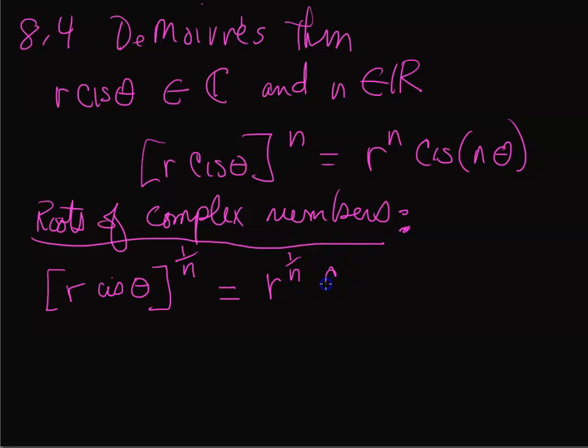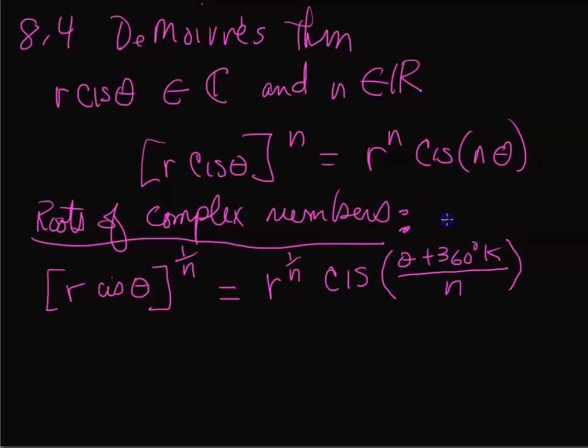But now you're going to take cis, cosine i sine, and your angle is going to be theta plus 360 degrees times k, over n. So, why do you need this 360 in the k?